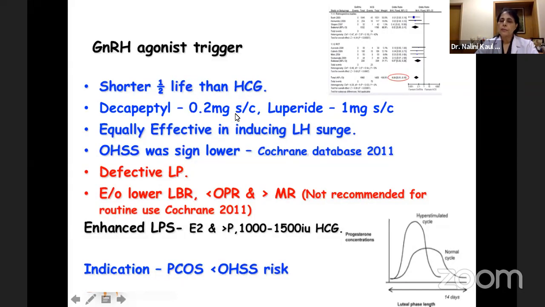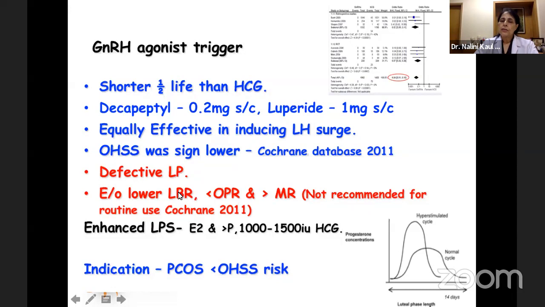You can use decapeptyl 0.2 milligrams or leuprolide 1 milligram. It effectively gives you the surge. The OHSS is significantly lower, but the luteal phase is short. You'll have a defective luteal phase, and this will cut down on your pregnancy rates and increase the miscarriage rates.